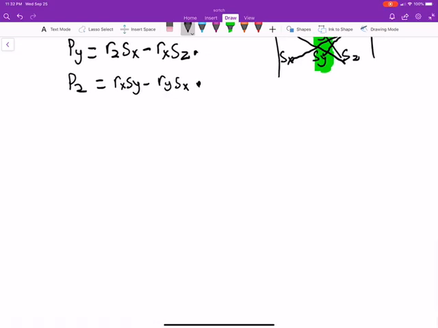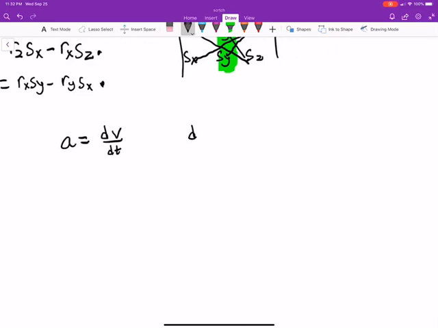And real quick, I just want to talk a little bit about taking derivatives of vectors. Velocity is just the derivative of our position vector, and acceleration is just the derivative of our velocity. And then the quick definition: dx by dt is the limit as delta t approaches 0 of delta x over delta t.